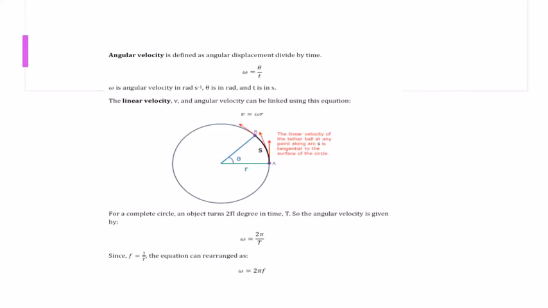Then there's also another formula for this angular speed, and we can also relate the angular speed with the linear speed. How angular speed and linear speed are related to each other.